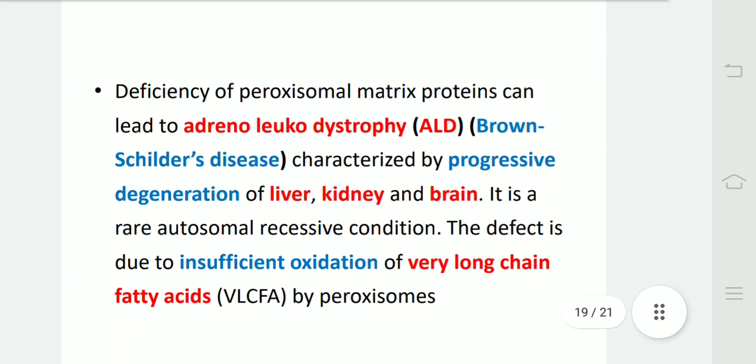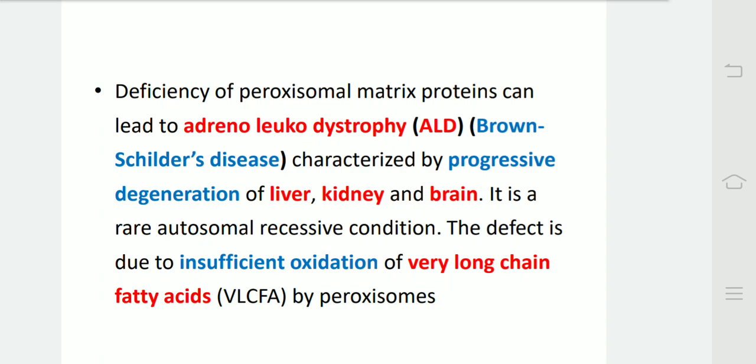Coming to peroxisomal deficiency diseases, deficiency of peroxisomal matrix proteins can lead to adrenoleukodystrophy or Schilder's disease, characterized by progressive degeneration of liver, kidney, and brain. It is a rare autosomal recessive disease.